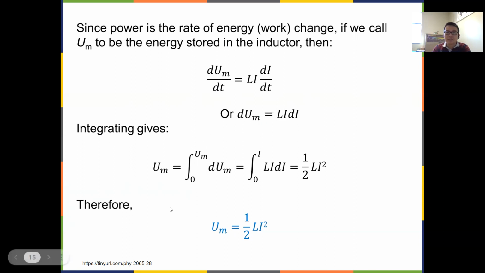If you integrate, as current goes from 0 to I, that gives you how much energy is stored in the inductor as a form of magnetic field. Integration of L i di gives you 1/2 L I squared. Therefore, energy stored in the magnetic field is equal to 1/2 L I squared.